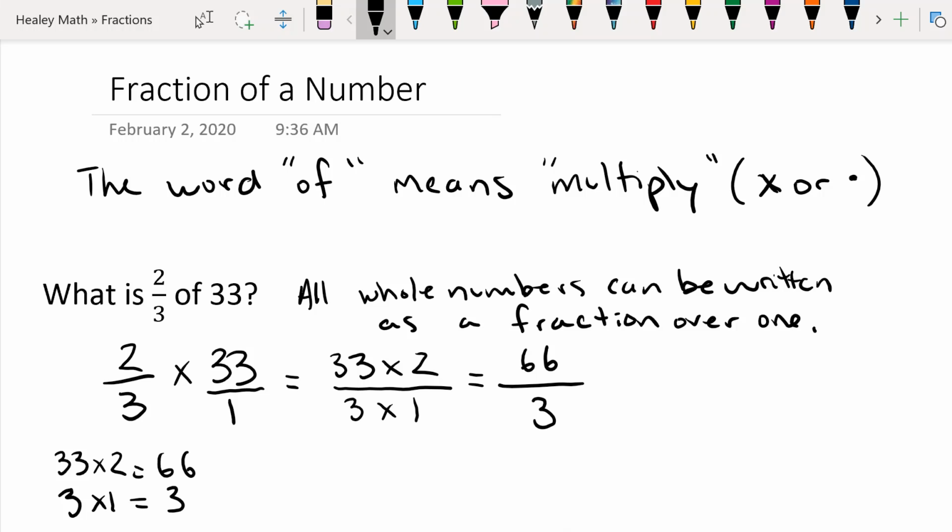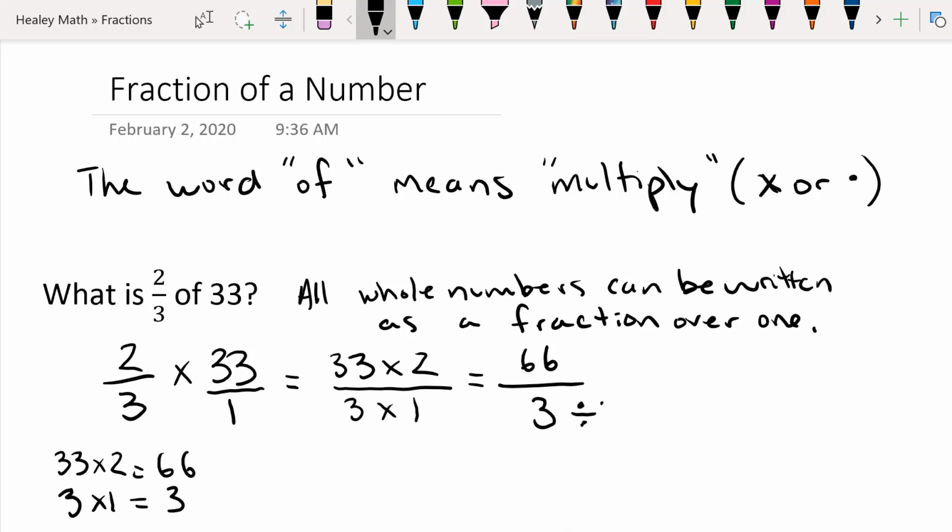And oftentimes we need to simplify when we have fractions. So we ask, can we divide the top number and the bottom number by some factor evenly? Well, if we look at the bottom, the factors of 3 are only 1 and itself.